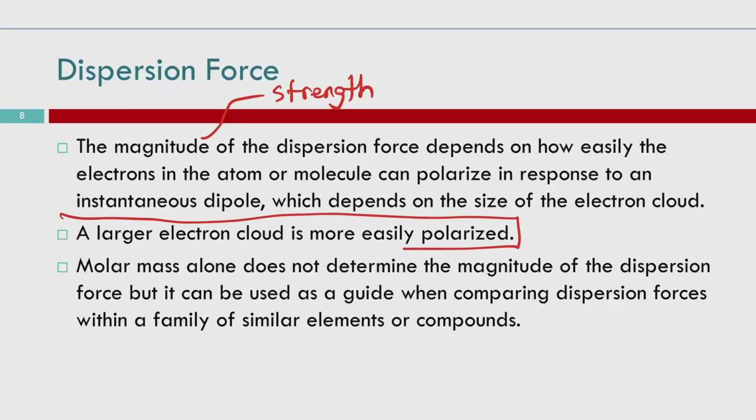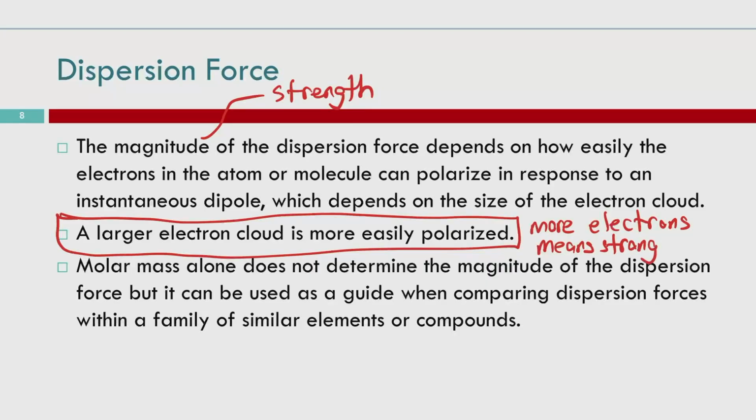A larger electron cloud is more easily polarized. More electrons means stronger dispersion force.